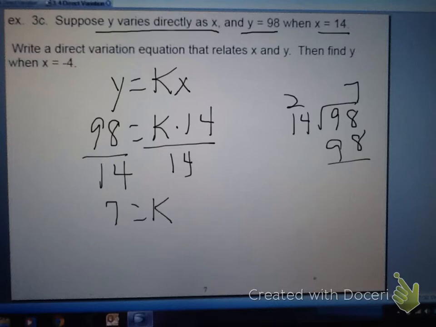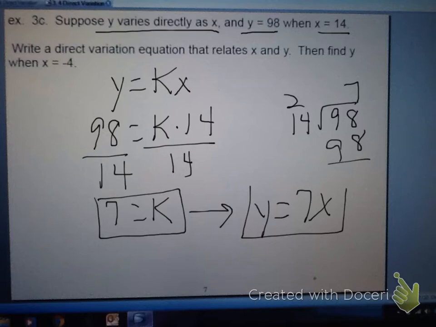We are not done. That's like part 1 of the answer. The next answer, the true direct variation equation, is plugging in 7 for k. Y equals 7x. That is the direct variation equation. Now, that was part A. This is part B, if you want to say.